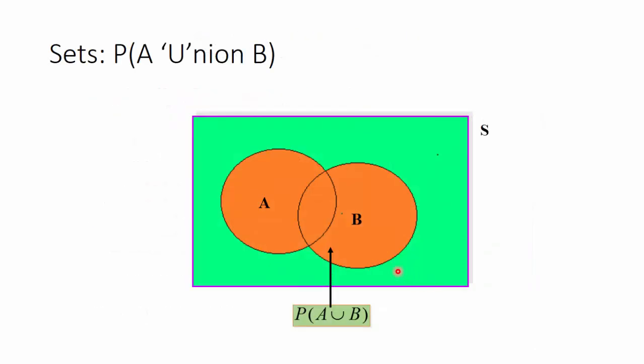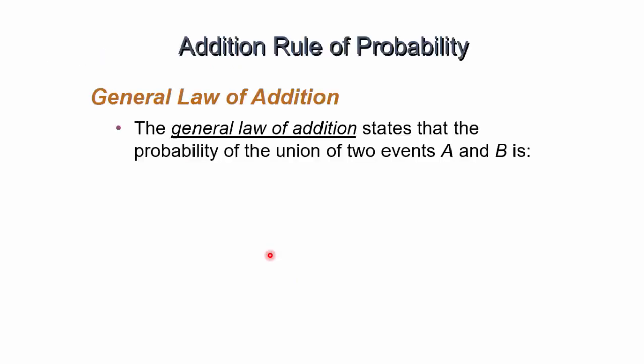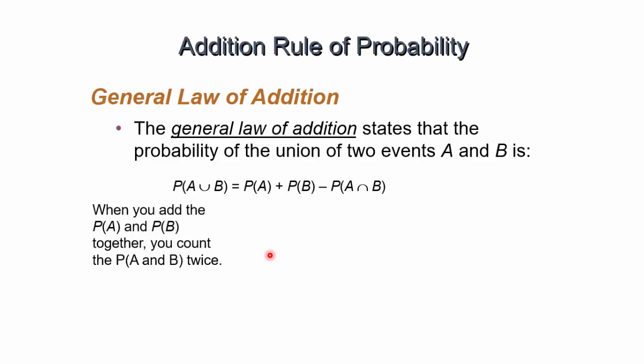Union, represented in a Venn diagram, is the combination of all elements in both these sets, A union B. So the general law of addition states that the probability of two events A and B is given by the formula P of A or B equals P of A plus P of B minus P of A and B. When you add the probabilities of A and B, we actually add and count the common points two times.